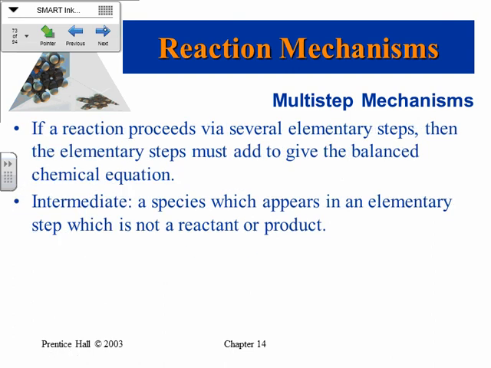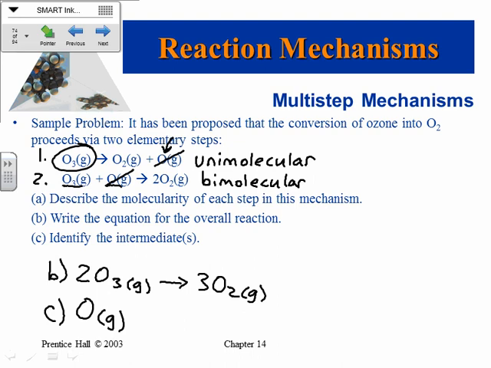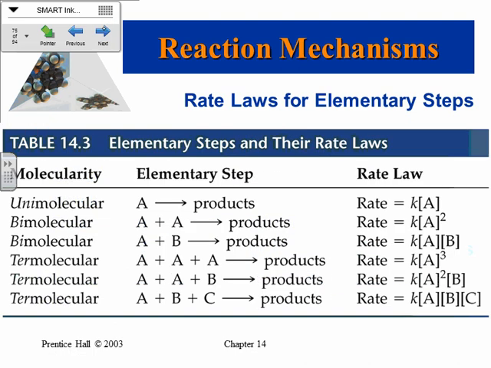The other possibility is you have an A and a B, like this one, 2 different things that are combining. So it doesn't really matter what it is. Those are both going to be bimolecular, which means that they are second order processes. And then if you have a termolecular step, where 3 molecules collide all at the same time, then that's going to be third order. But that almost never happens.